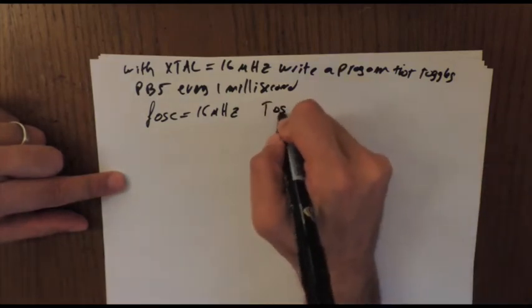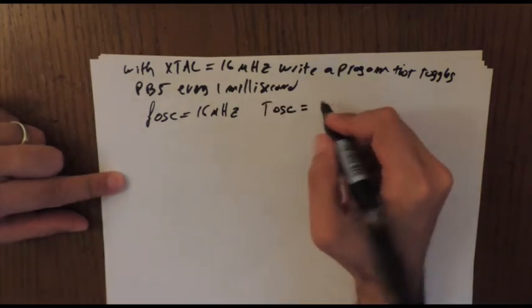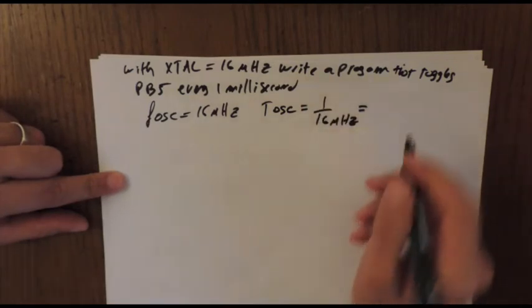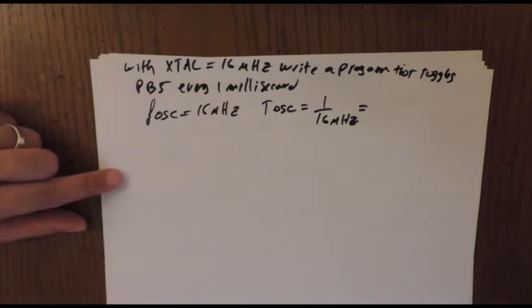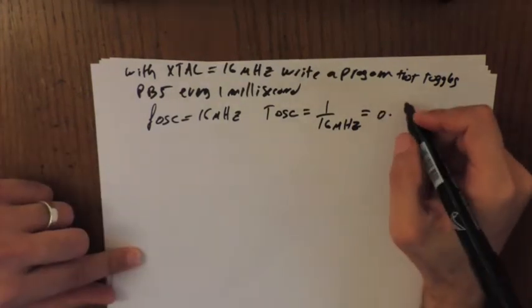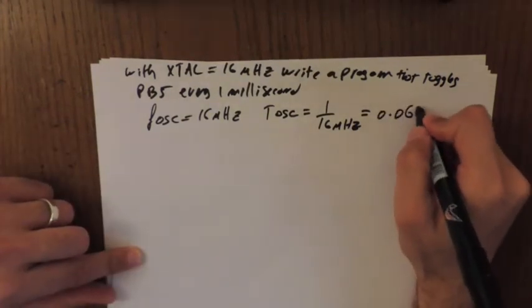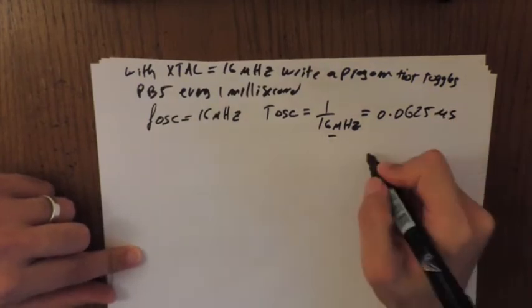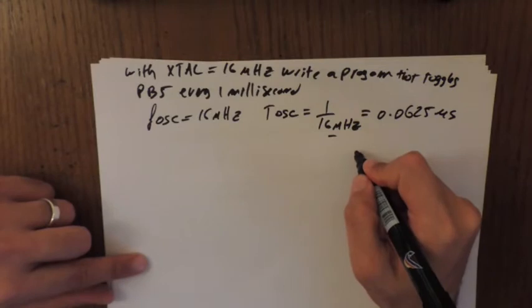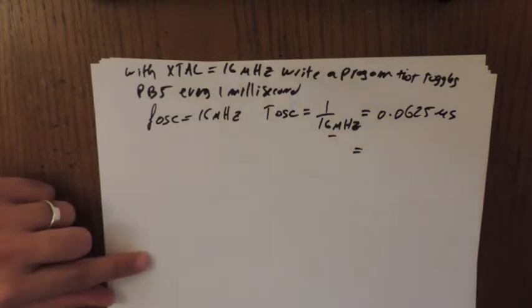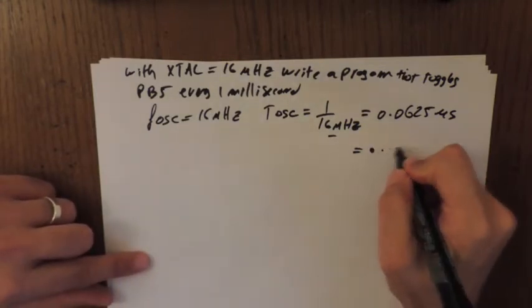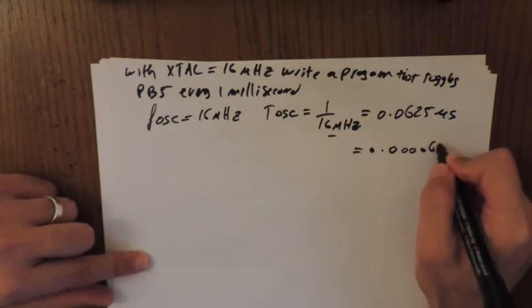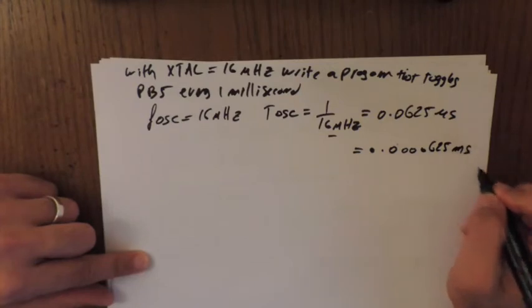So let's go ahead and find T oscillator, which is 1 over 16 megahertz. This will be equal to 0.0625 microseconds, or we can say this is equal to 0.0000625 milliseconds.